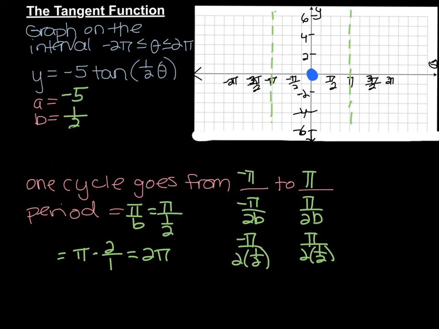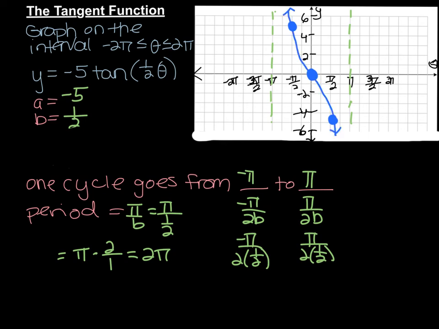So halfway between negative pi and 0 is negative pi over 2, and we're going to plot negative 5, which is positive 5. Then halfway between 0 and the asymptote is going to be our negative 5, because it's the positive a value. So halfway between, this is our point. Then we're just going to sketch it, and it will look something like that.